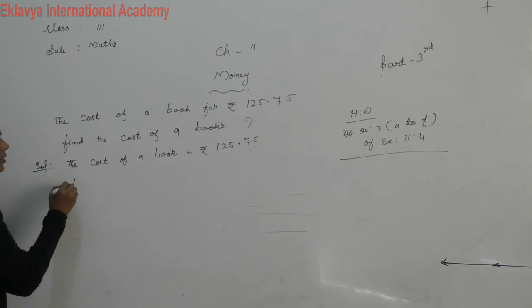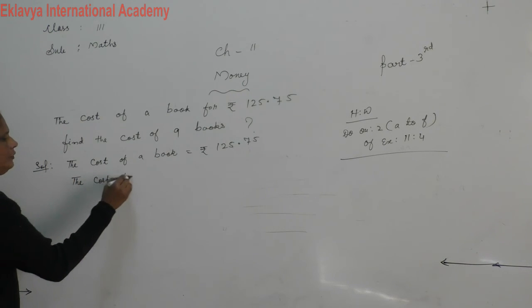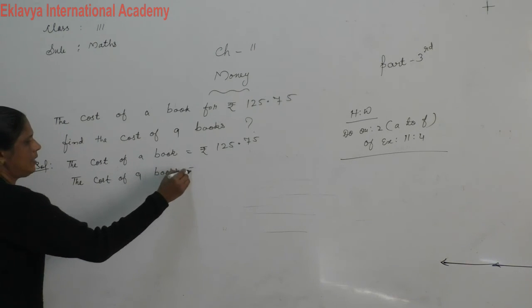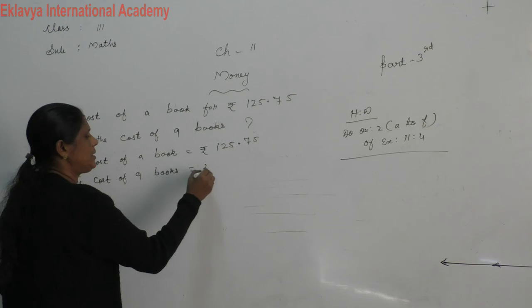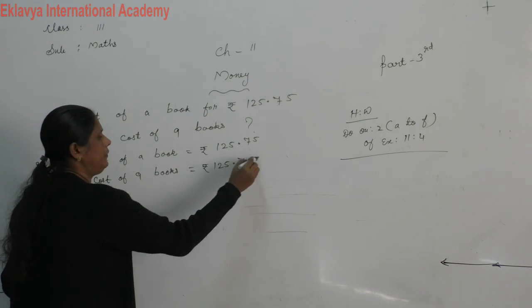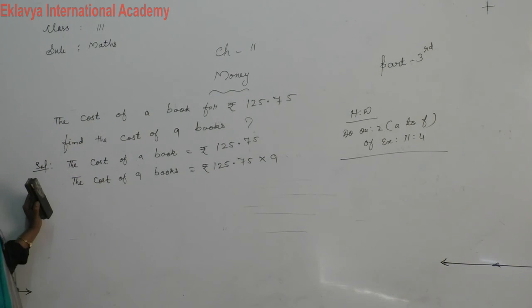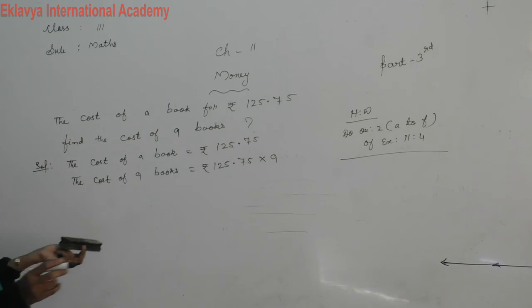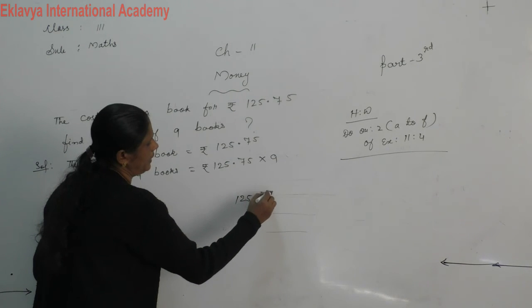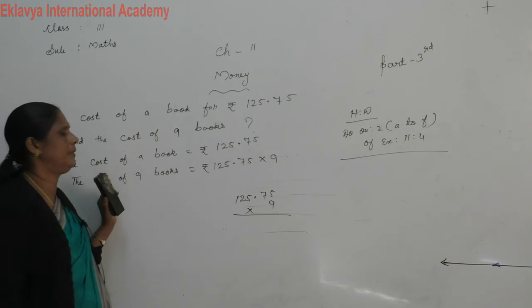Then the cost of 9 books is equal to rupees 125.75 multiply 9. Now we multiply this.